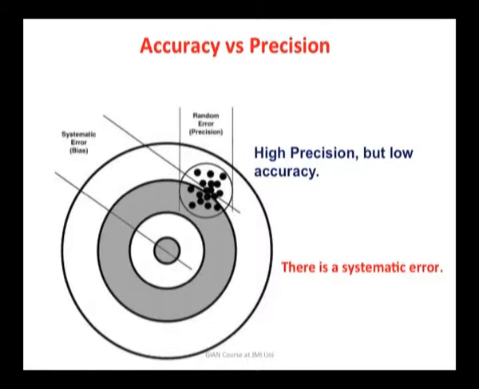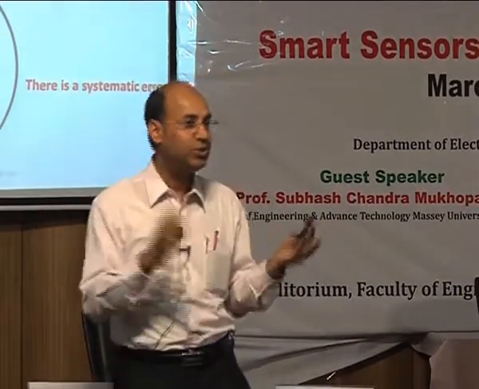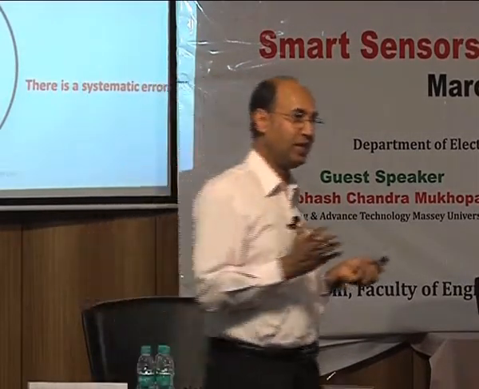So here we do some experiment, and we always repeat it, and you know this is not correct. You know this is not correct. So that's the situation you will have. You have some systematic error inside the system which you cannot eliminate. Okay? That type of thing comes up if you deal with a magnetic sensor.